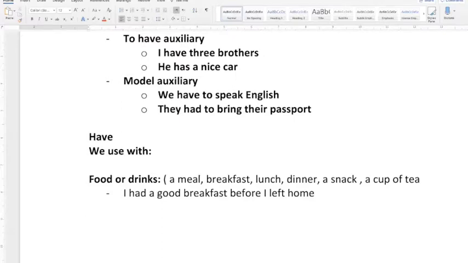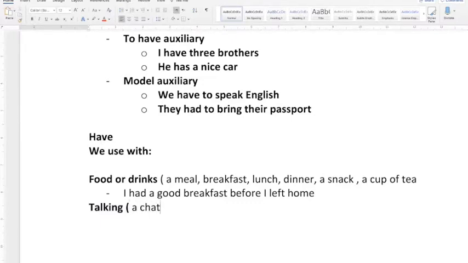Then we can also use have in talking. If you're talking about a chat, a conversation, a discussion, or a talk, for these situations we normally use the word have.